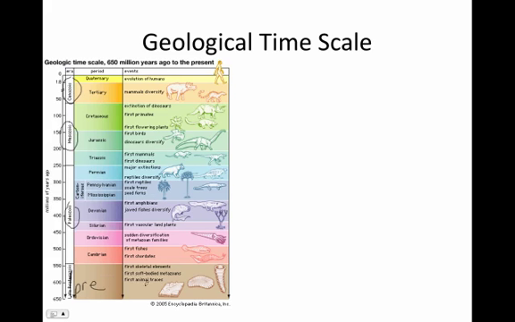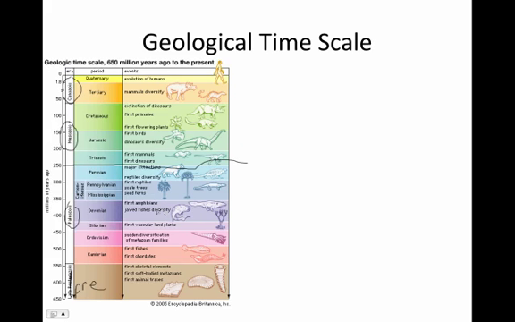We also should be familiar with some important things that happened during each of these. For example, in the Mesozoic, the first dinosaurs appeared, but they also died out within that time frame, which was 250 million years ago to 50 million years ago. So within that time frame, dinosaurs appeared and then died out. The first flowering plants occurred in the Mesozoic. In the Paleozoic, we saw lots of things.